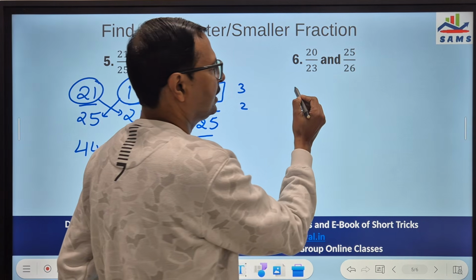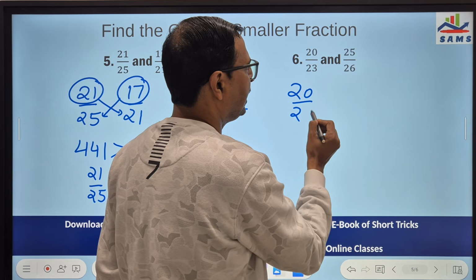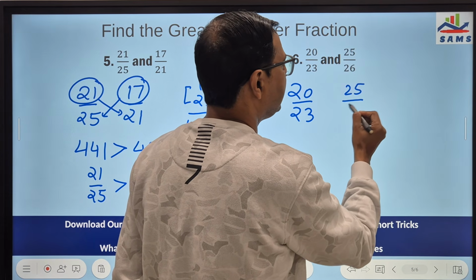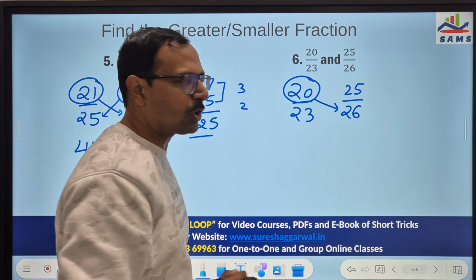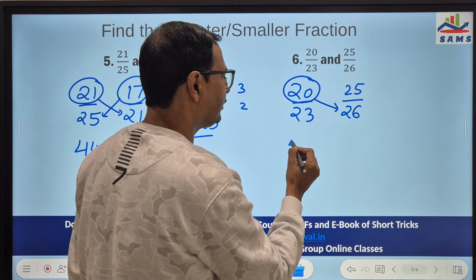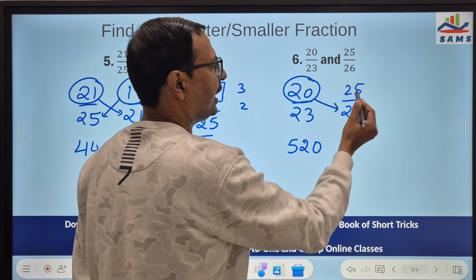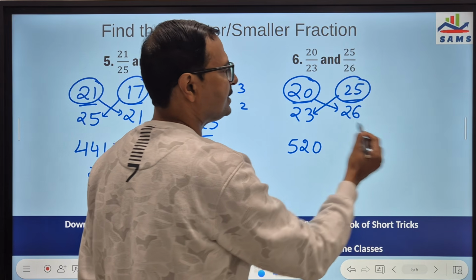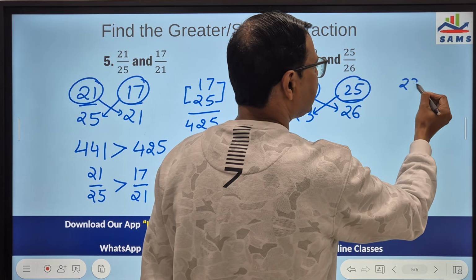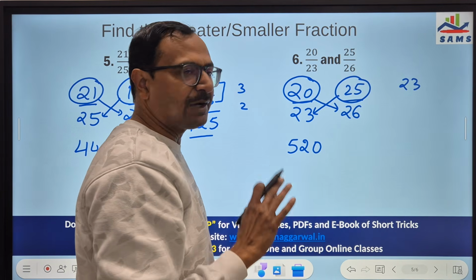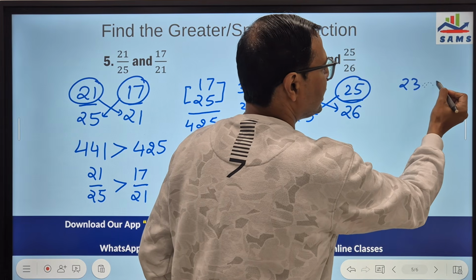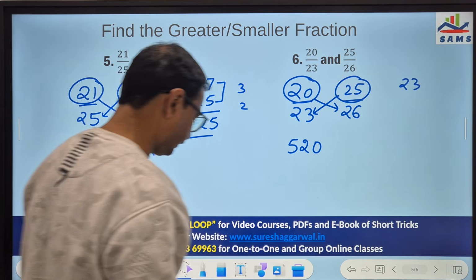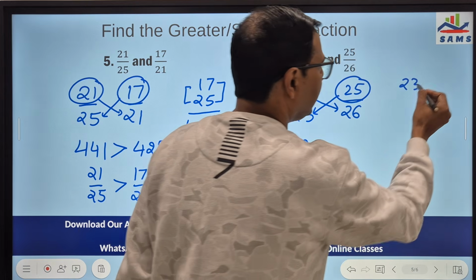Likewise, this one 20 by 23 and we have 25 by 26. So when you multiply across, 26 into 2 is 52, so 520, and then 25 into 23. I can do 23 into 25 using the traditional approach or by multiplication by 100, which gives you 2300, and then I'll have to use the halving.